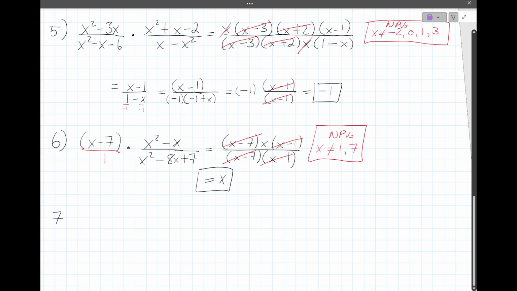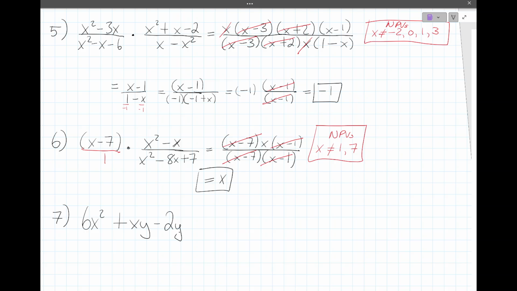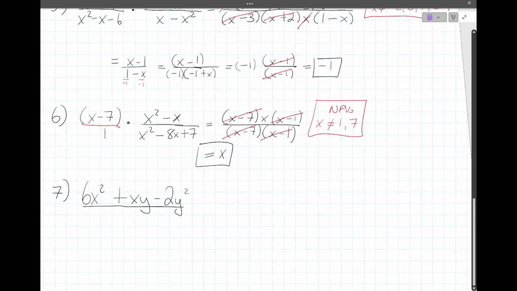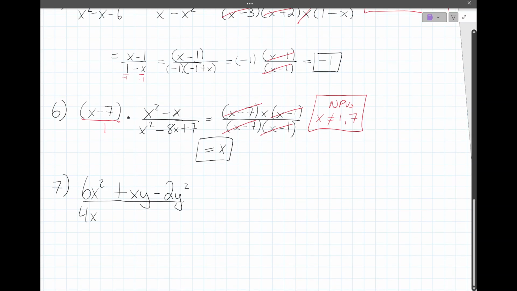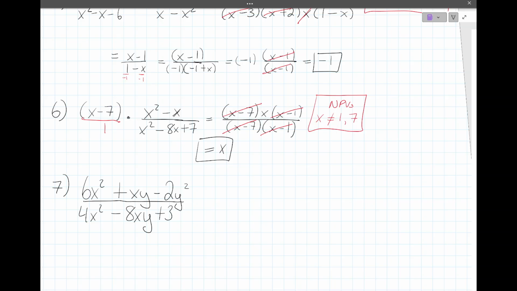Last example. Getting a little dicey, but we're going to make it work. 6x squared plus xy minus 2y squared all over 4x squared minus 8xy plus 3y squared, times x minus y and 3x plus 2y.